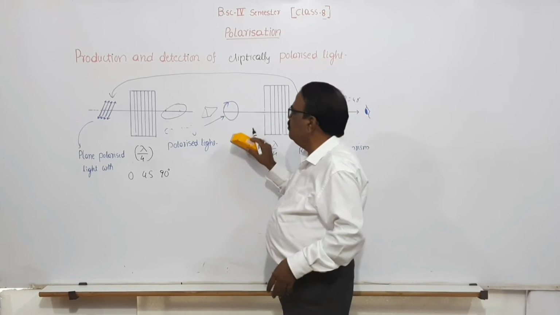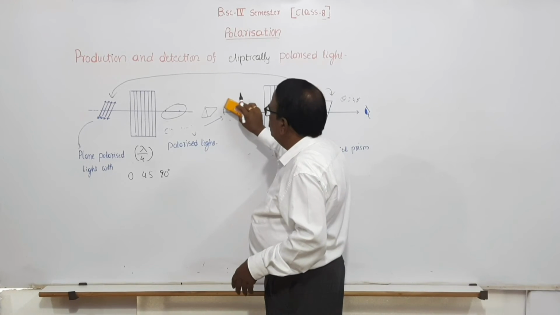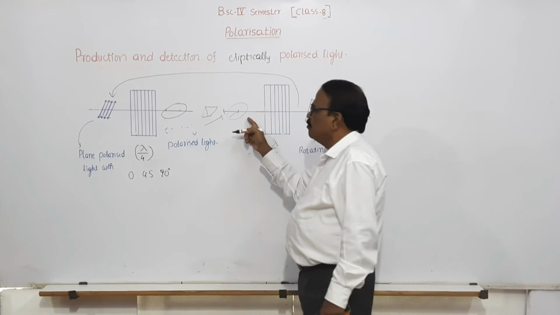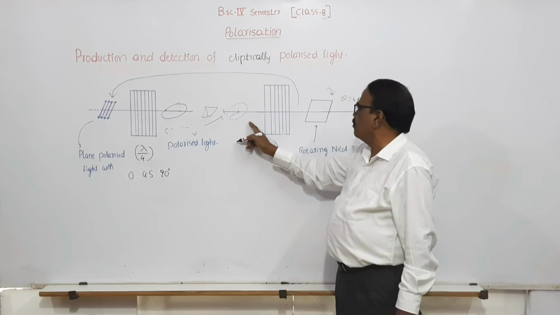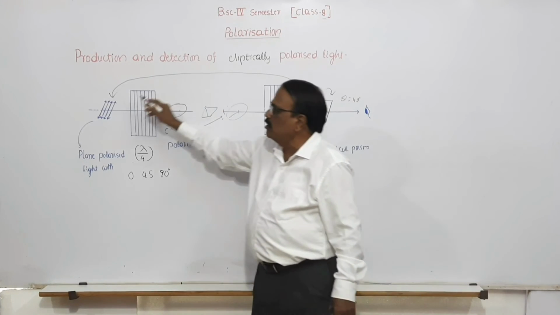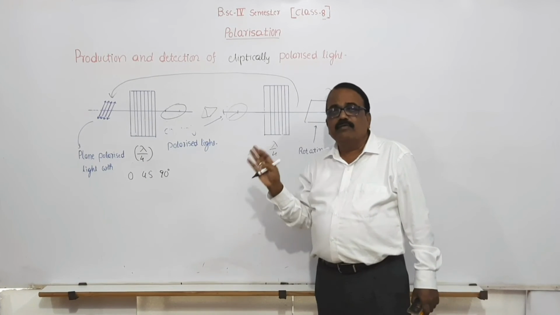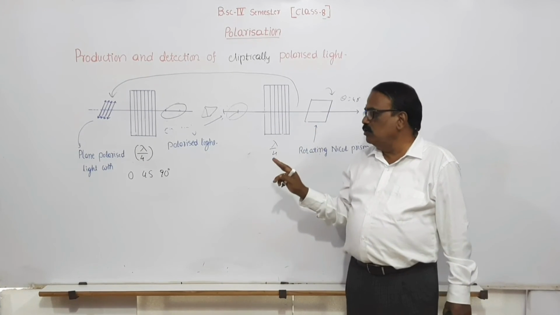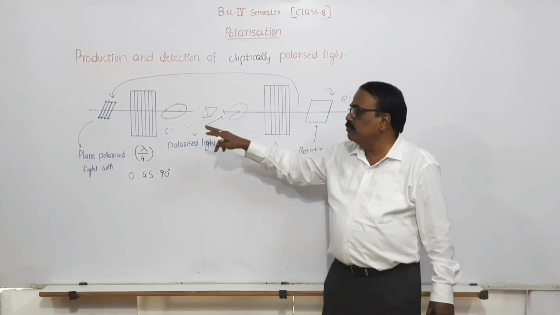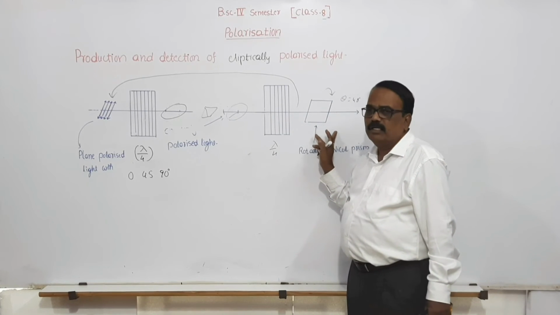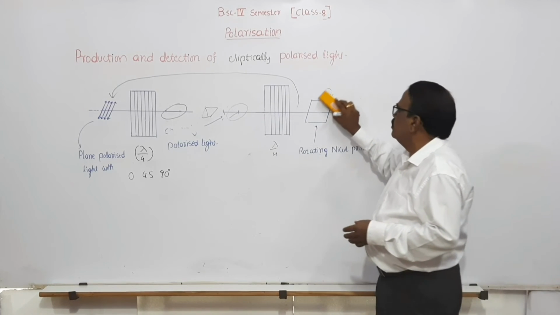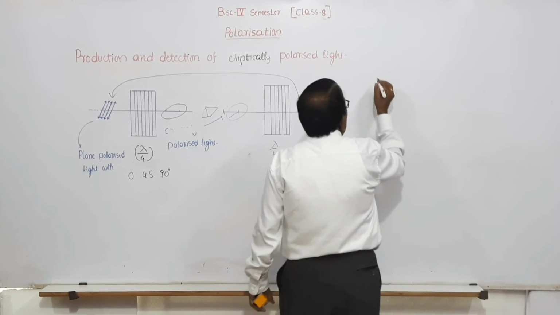Again, if this elliptically polarized light is allowed to pass through another quarter wave plate and observed through the Nicol prism, the original plane polarized light is observed, which is not at an angle of 0, 45 or 90 degree. So elliptically polarized light is produced here and detected after passing through another quarter wave plate.